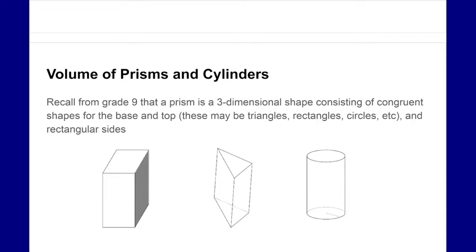So if I look through these three different prisms and the two prisms in one cylinder, we can see that they have the same or congruent shapes. Congruent just means the same. So they have the same shape on the top and the bottom. And the shapes on the top and the bottom tend to be these basic shapes that we looked at in the previous unit. Your rectangles, your triangles, your circles.